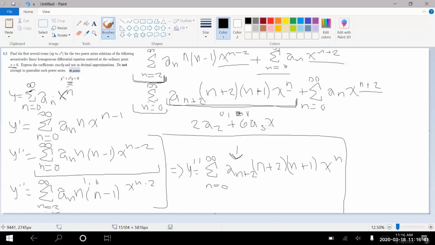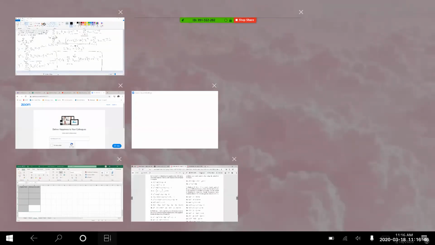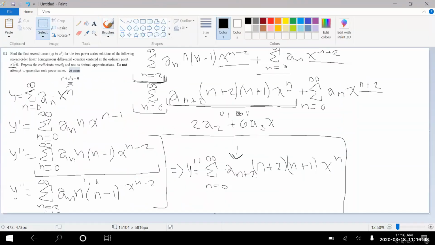I'm going to go ahead and make my screen smaller so we can go from there.